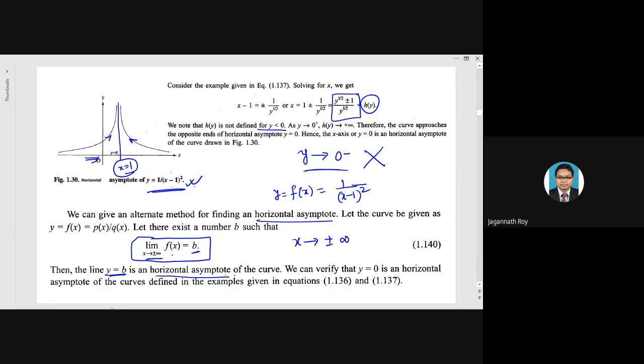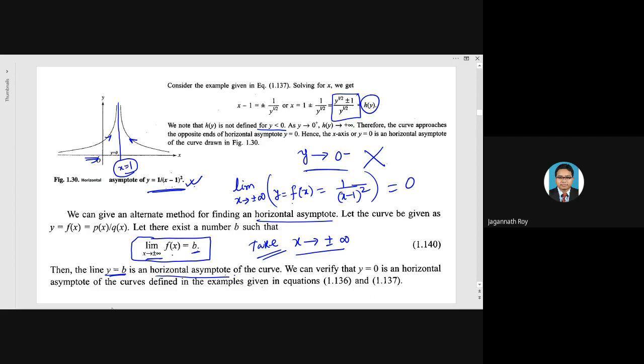If you take x plus minus going to infinity over this function limit, so plus minus infinity, then this will be 0, in fact, 1 by infinity is 0.